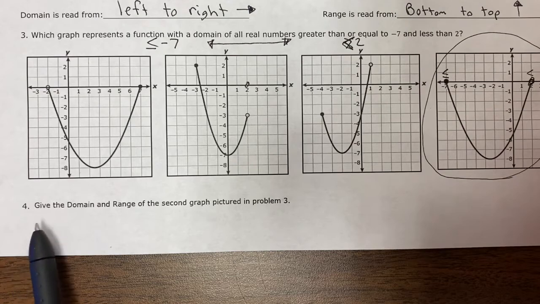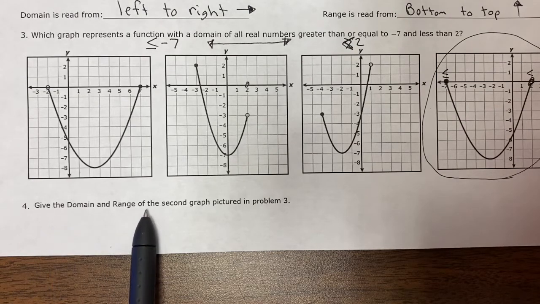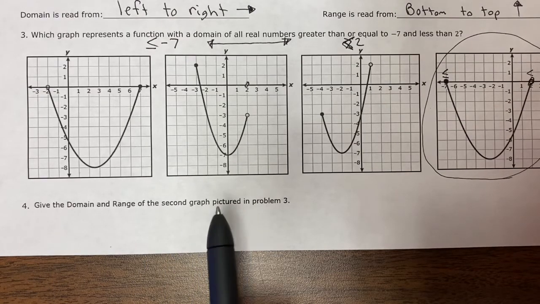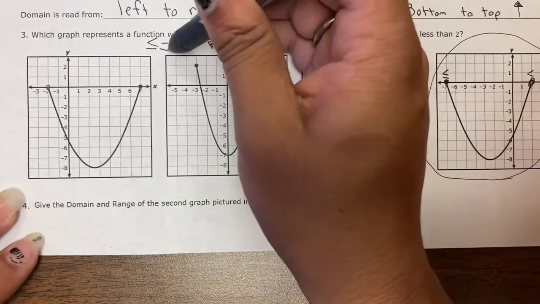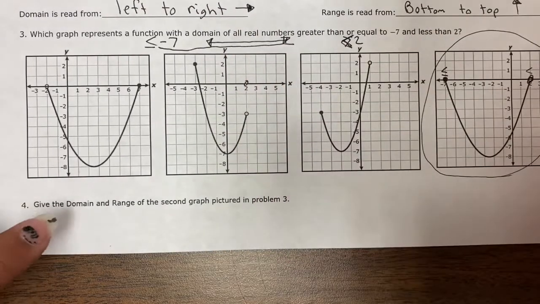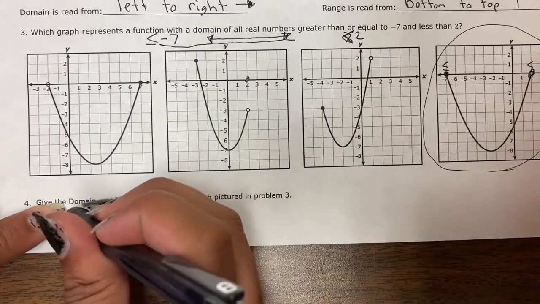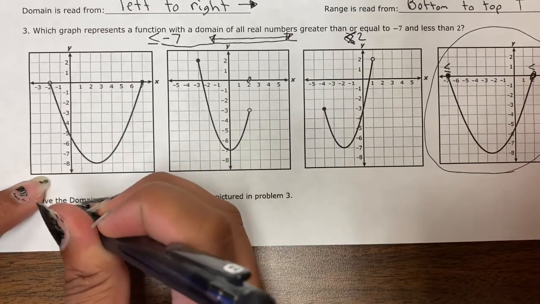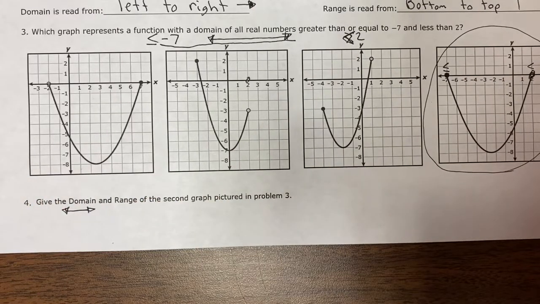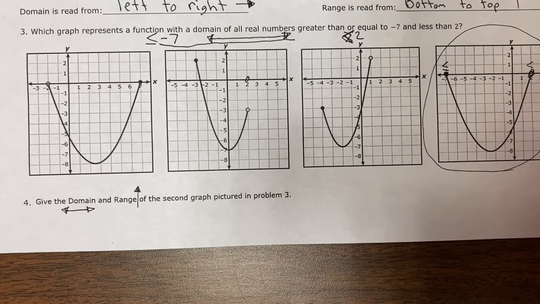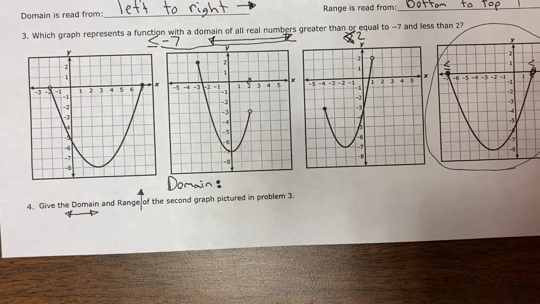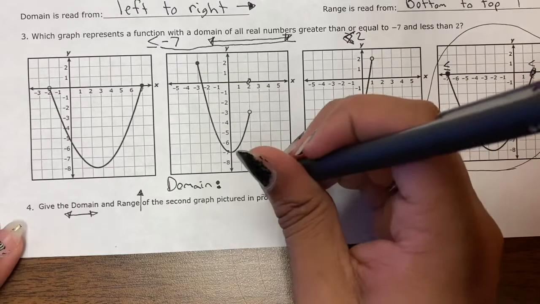The last question on this page says, give the domain and range of the second graph pictured in problem 3. So I'm looking at this graph right here. It wants us to give the domain, which is left to right, and the range, which is bottom to top. So for domain, I know I'm going to use the letter x.